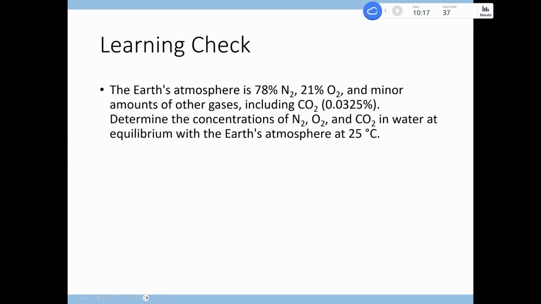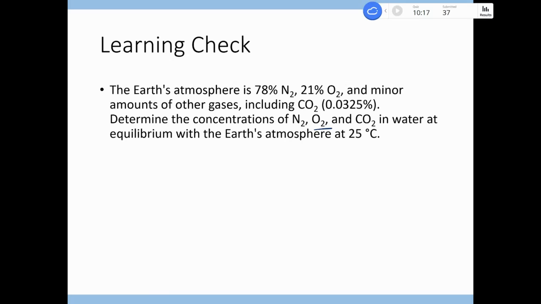We're just going to calculate for oxygen for time, but you could do the same process for nitrogen and carbon dioxide. We're at 1 atmosphere of pressure at 25 degrees Celsius. We want to calculate the concentration of oxygen gas in water.